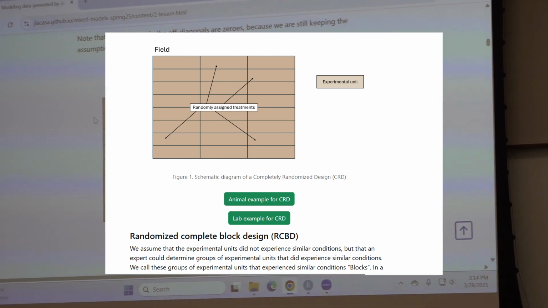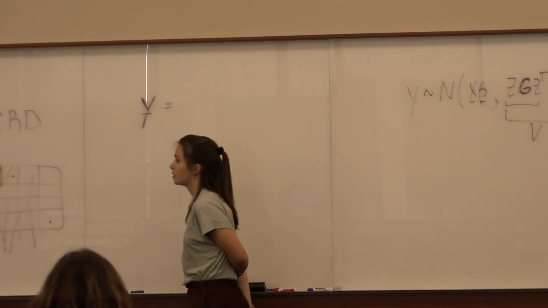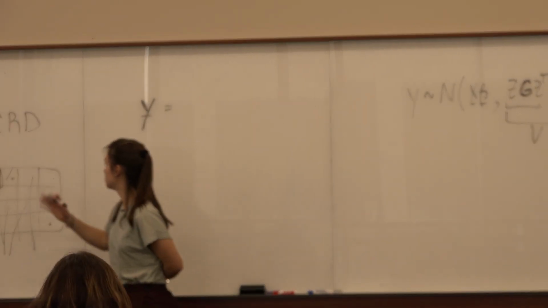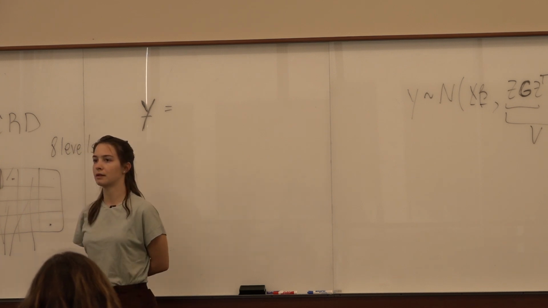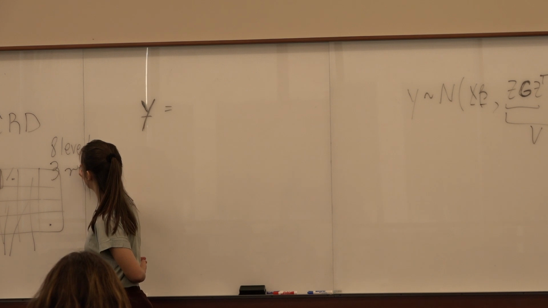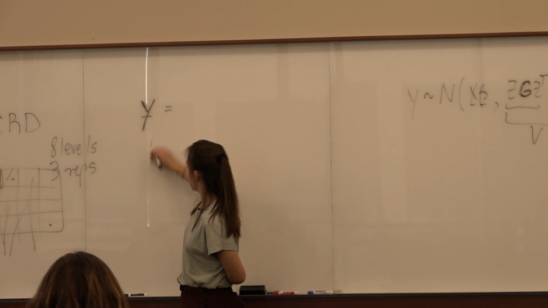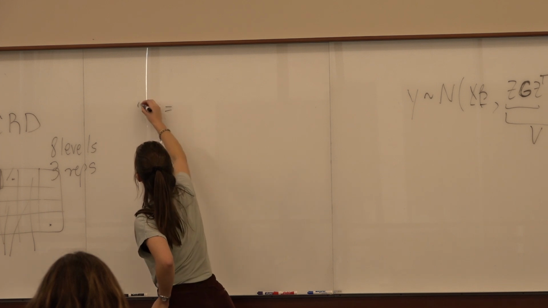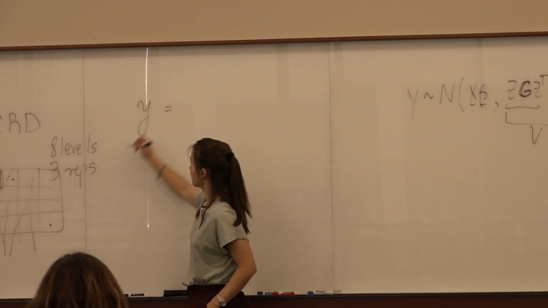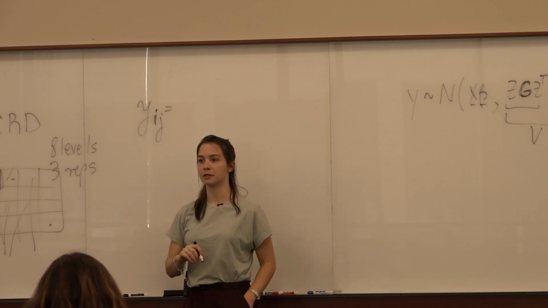Let's start from scratch. If we have 8 levels for the treatment, okay, 3 reps, Y for the ith treatment and jth repetition.